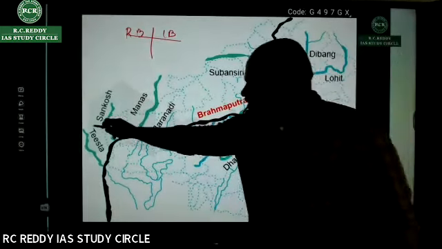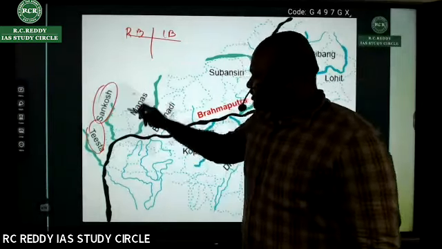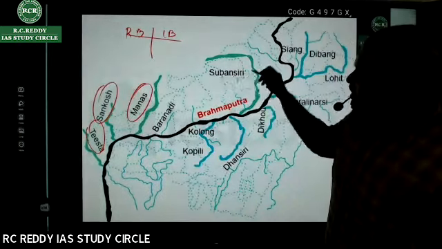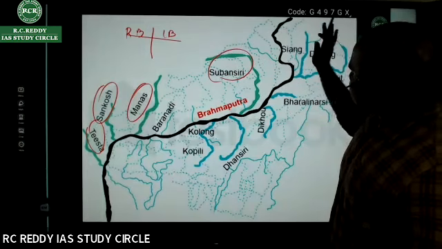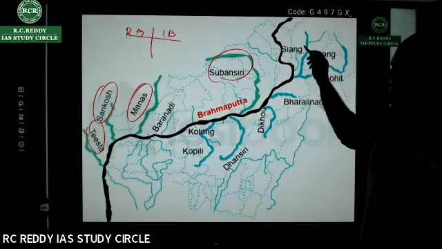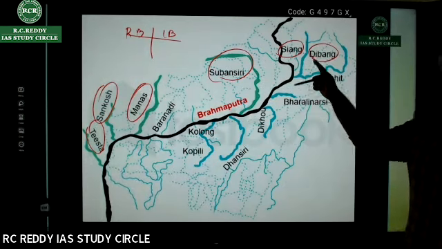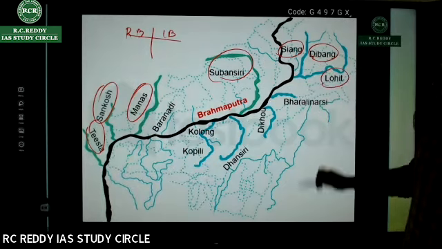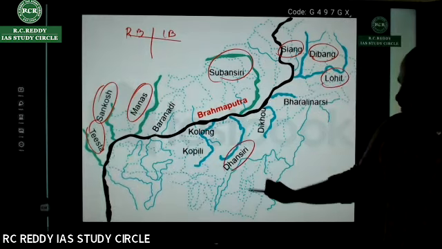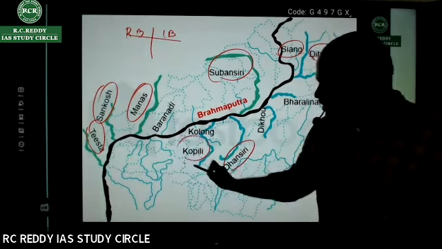Try to look at it that way. Tista, Sankosh, Manas, right? Subansiri, and Siang. Siang, Dibang, Dihang also will be there. Dibang will come first, then Dihang, then Lohit, then Dhansiri, Kopili.